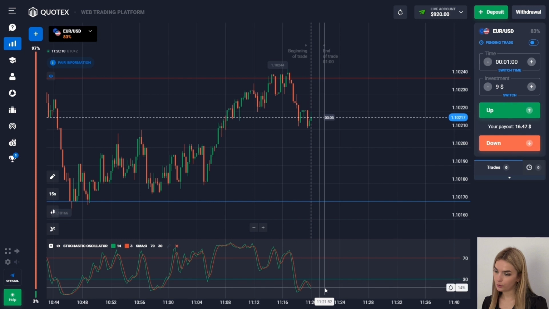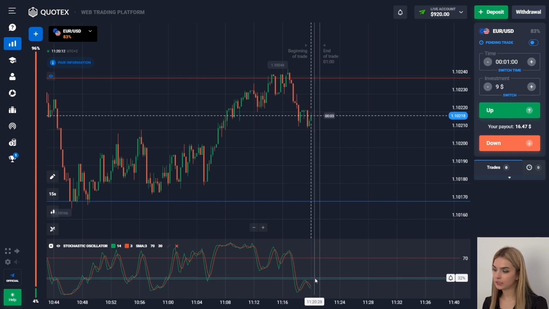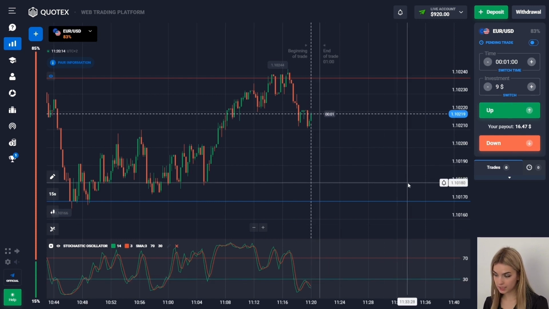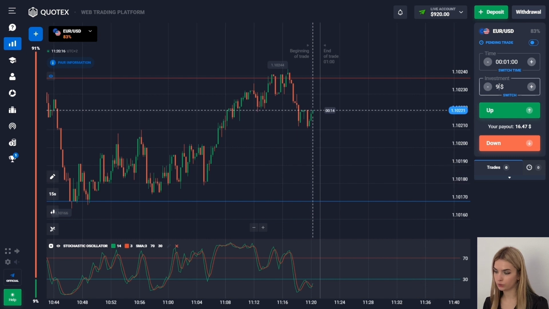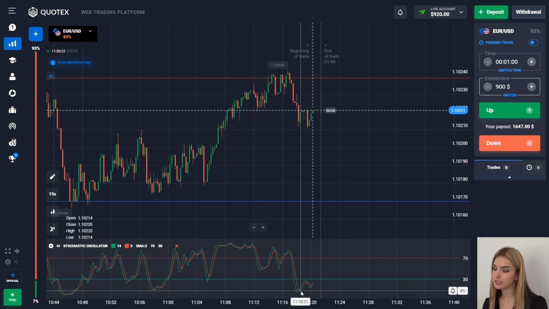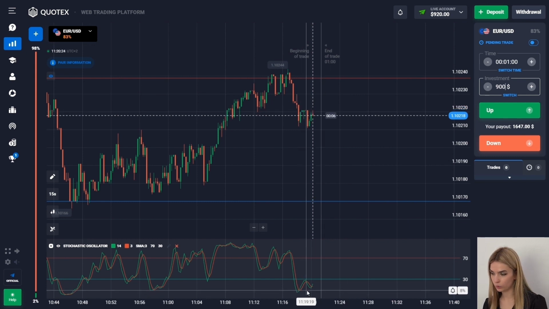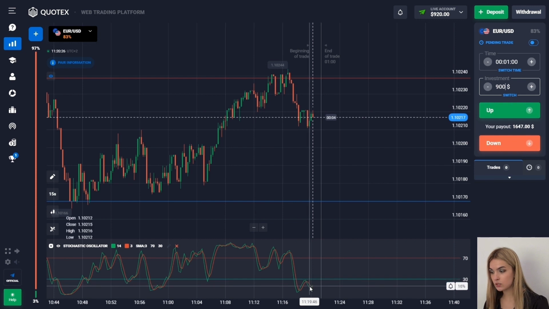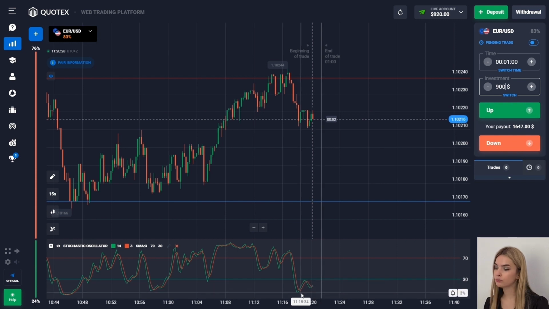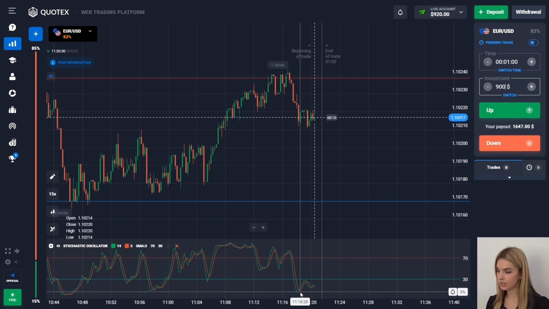The curves on the oscillator are in the lower bound, which tells us that the market is oversold. As soon as we see that the orange curve has crossed the green one, this can be considered as a signal to enter the long. However, guys, it is also worth paying attention to the chart relative to the support and resistance levels.